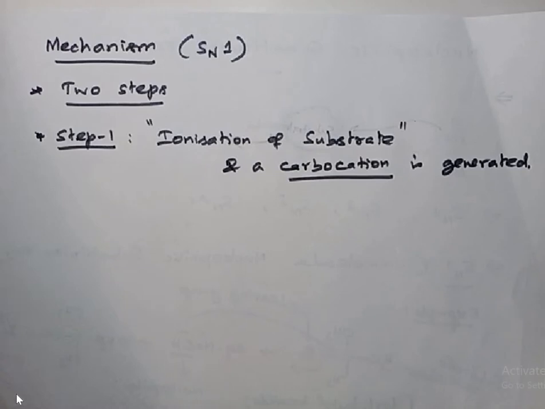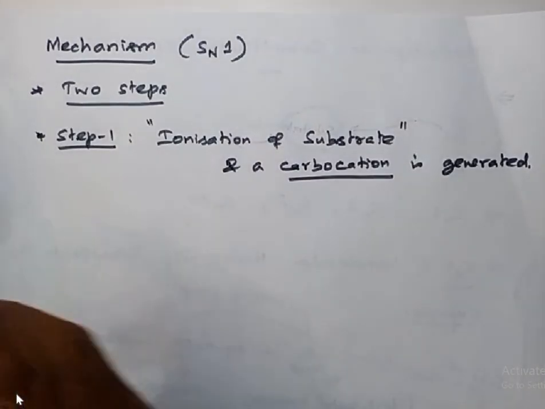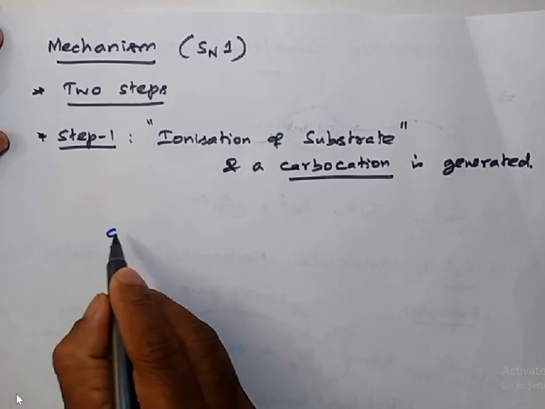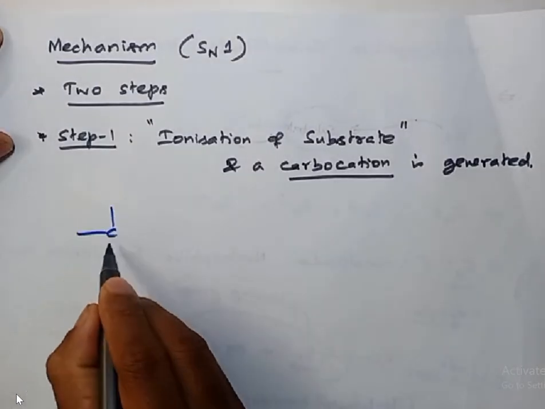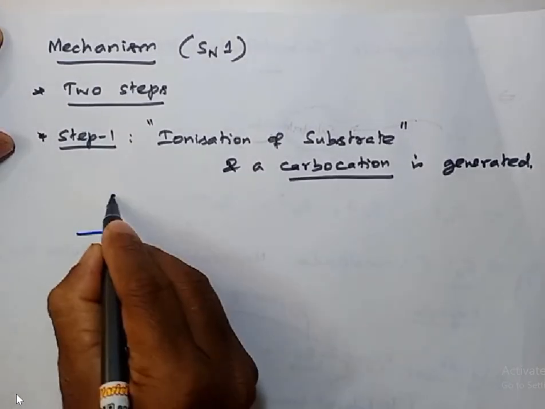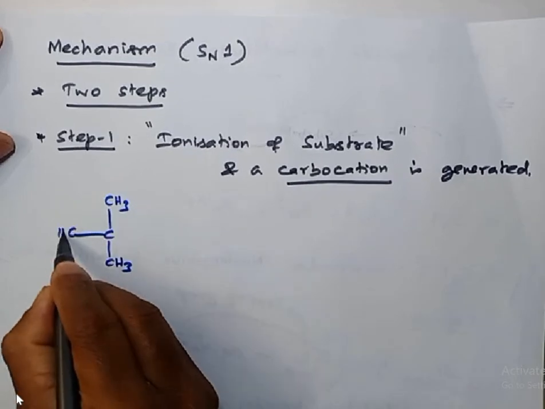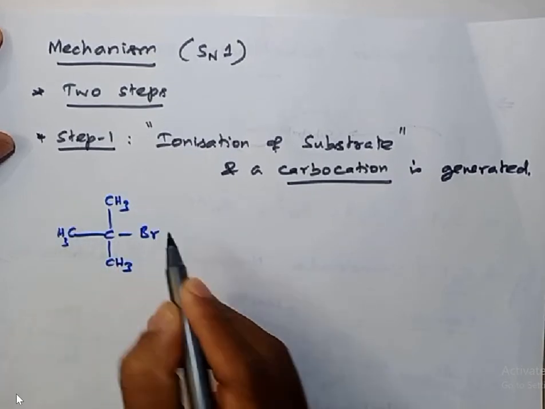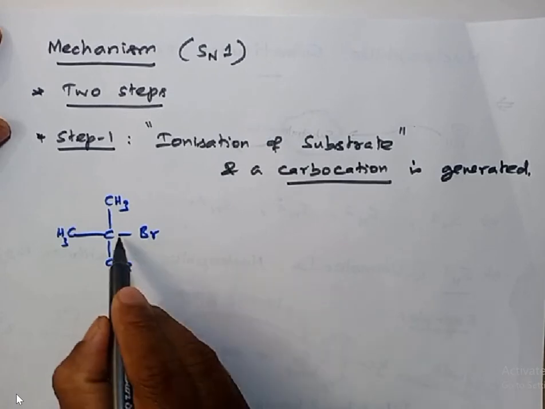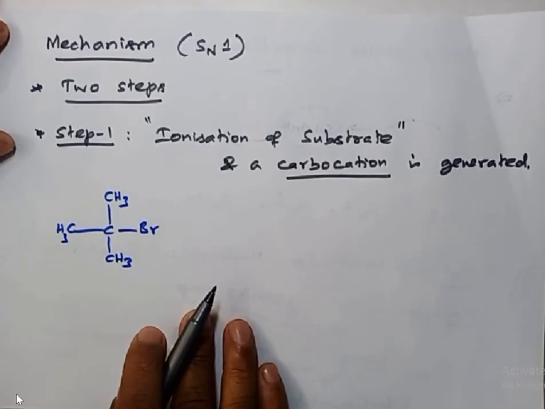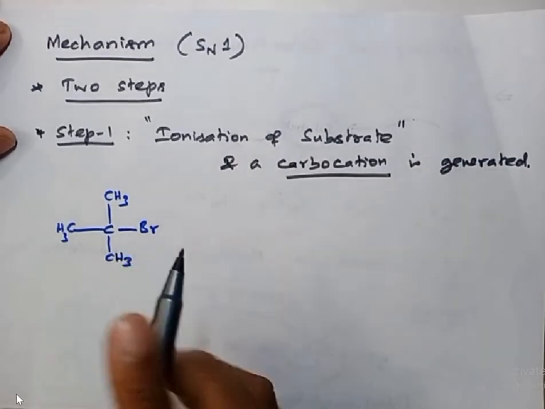Let me write the step here. The tertiary halide is the substrate here. I have taken tertiary butyl bromide. This is an example; you can take any example. What is the first step?